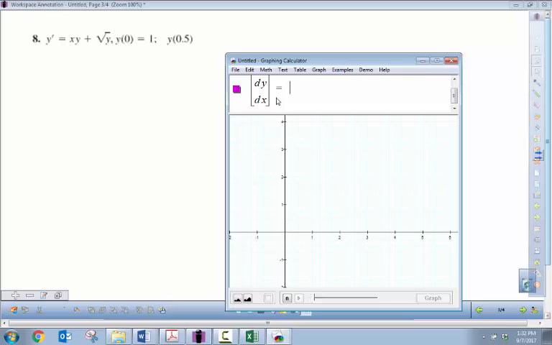Nah, I don't know how to draw slope fields here. Oh well.